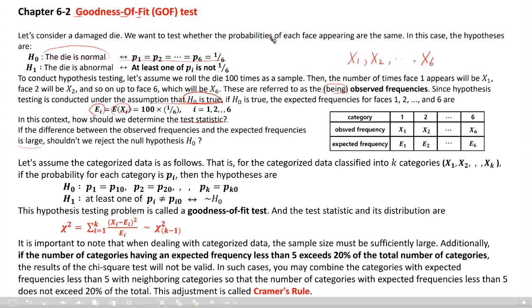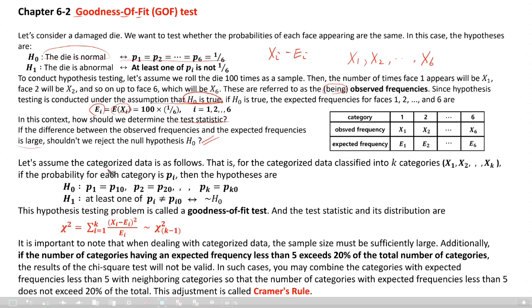It means Xi minus Ei is big, positive or negative, anyway big, then we may reject H0. So here, categories 1 to 6, observed frequencies X1, X2, up to X6, and expected frequencies E1, E2, up to E6.